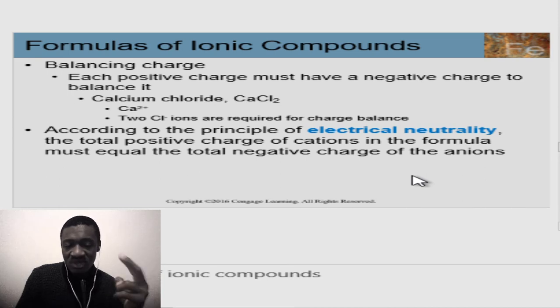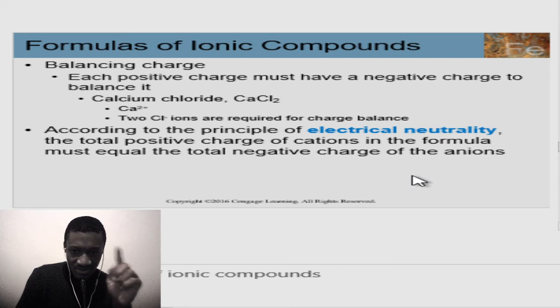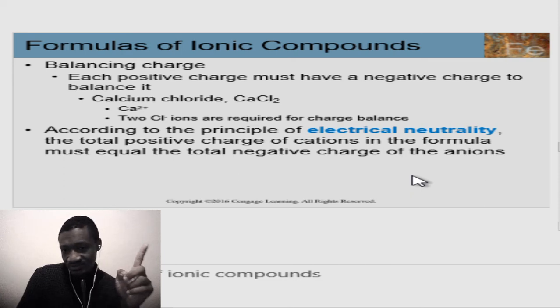So notice that you have to have 2 chlorines to balance up the charge on calcium, because chlorine is Cl minus. So you need another Cl minus so that you add the 2 minus to 2 plus, so it becomes 0. So it's going to be plus 2 minus 2, which is 0.